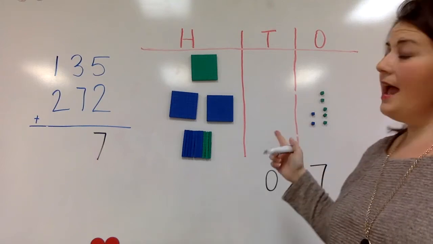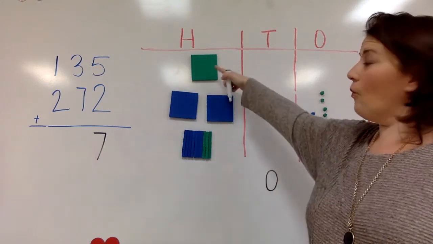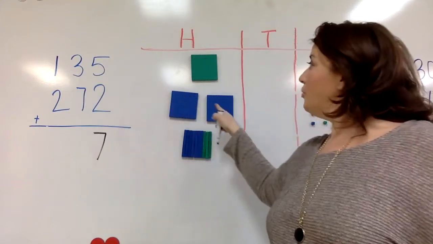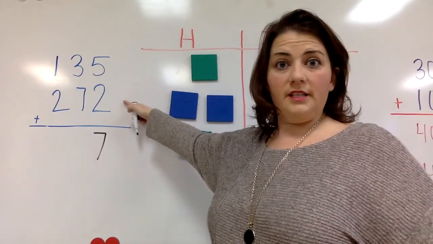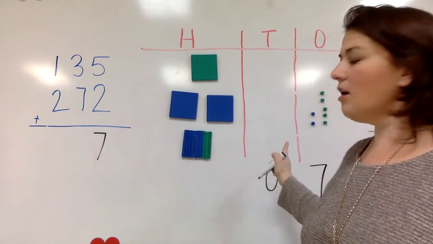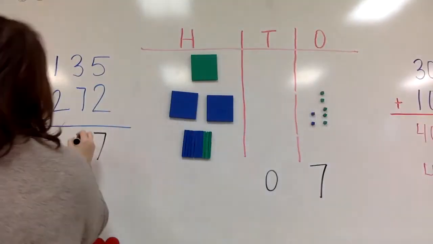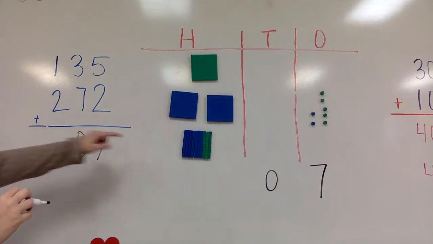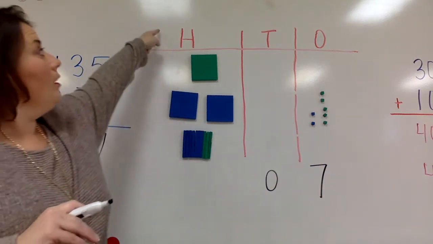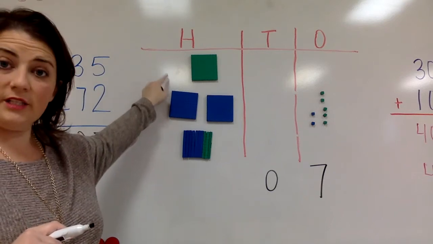Okay, so now we're going to add the hundreds. We have our 100 from the 135. We have 2 hundreds from the 272. And then we have our new 100. So let's talk about that. We can put our 0 here, but that new 100 that we made, where did we move them to? We moved them to the hundreds place.